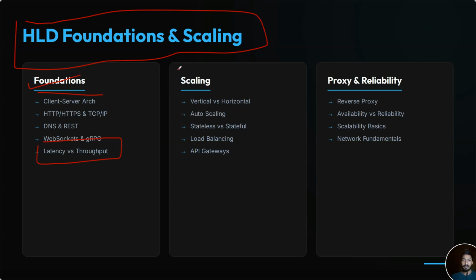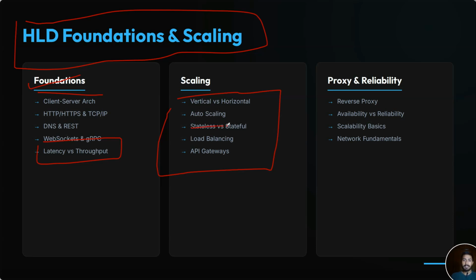Also, when we talk about scaling, it is one of the most widely asked interview topics, and it is always difficult to explain in the interview because it is not just these 5 or 6 topics mentioned here. There will be cross questions in the interview and n number of things we need to understand in this scaling concept. First we'll understand vertical versus horizontal scaling. Auto scaling, we'll understand how a system auto scales.